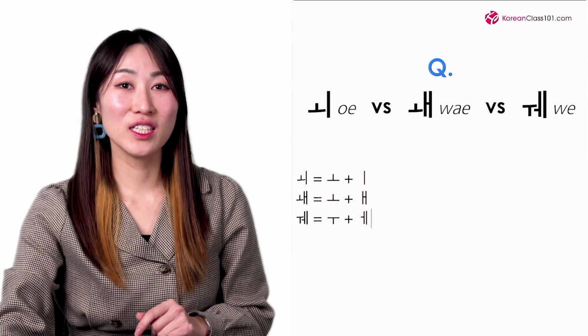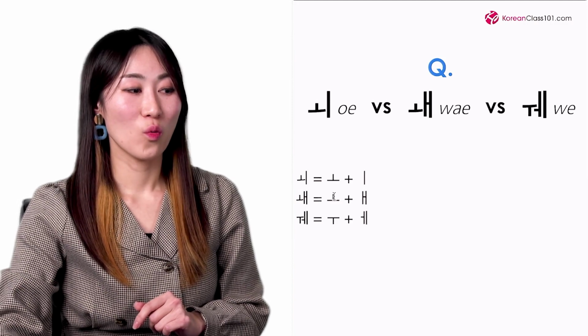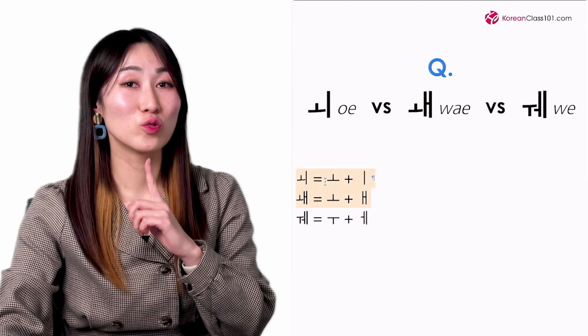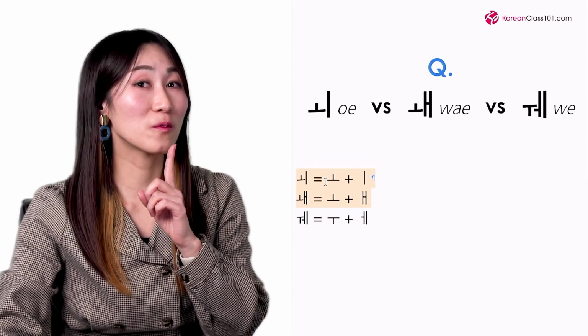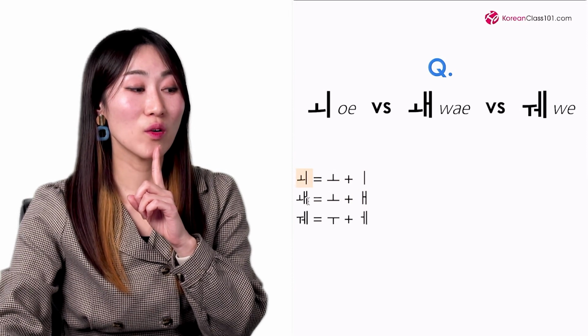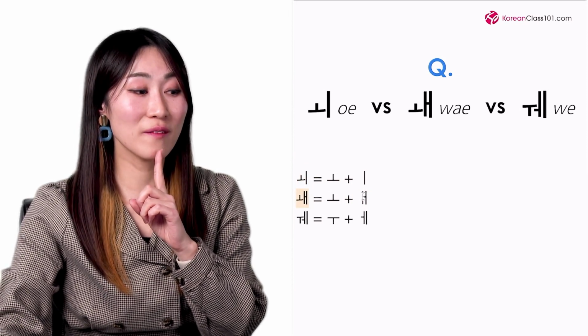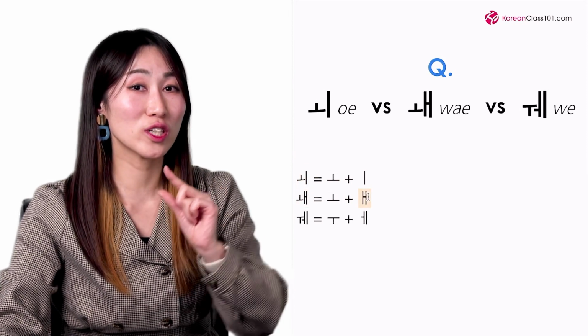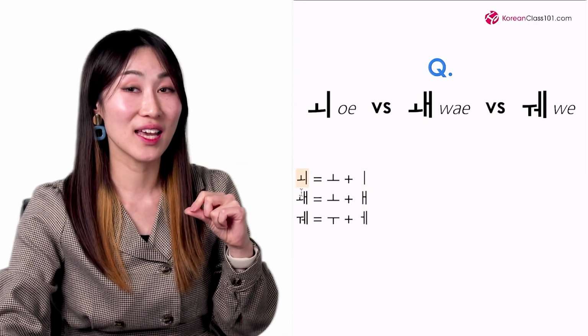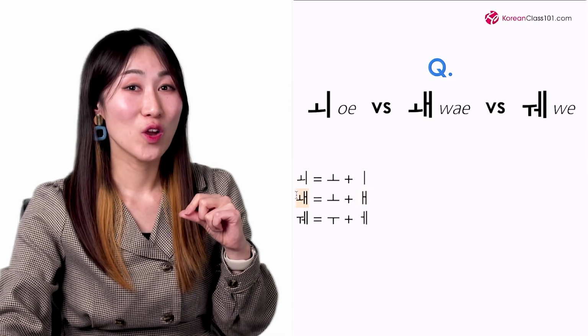So when you pronounce these vowels, your mouth is supposed to start from this shape. 오, as in 왜. This one, you have this 에 sound, so you are supposed to open your mouth a little bit bigger than the first one, as in 왜.